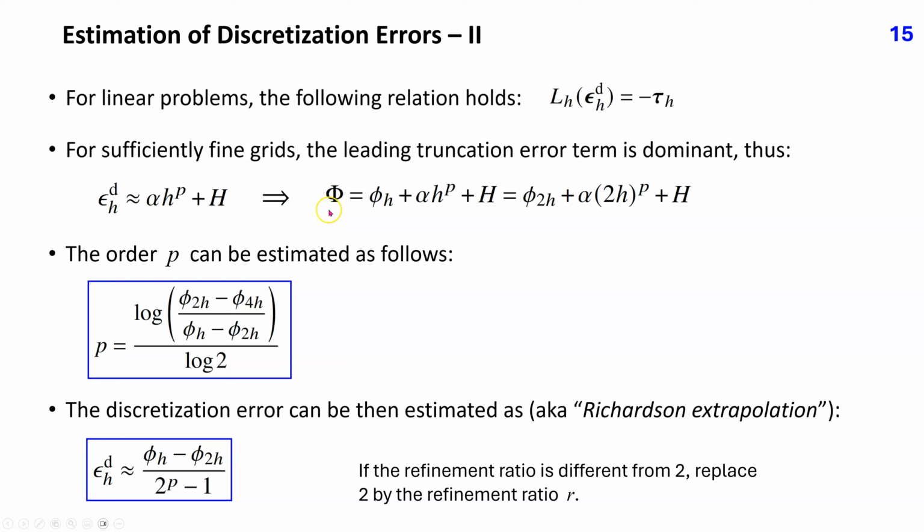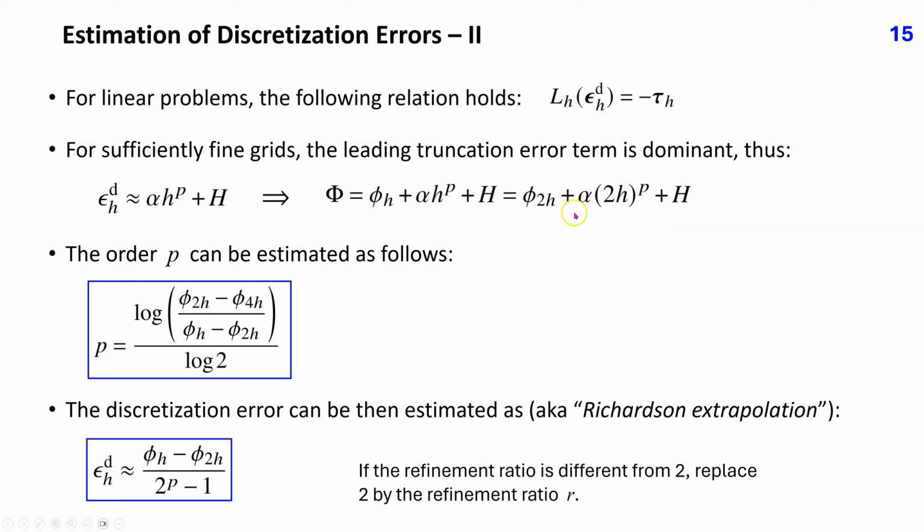With this assumption, we can express the exact solution of the partial differential equation as the solution of the discretized equation on a grid with spacing h plus the discretization error estimate on that grid plus higher order truncation error terms. This can also be done for a grid with twice or 4 times larger grid spacing, 2h or 4h.